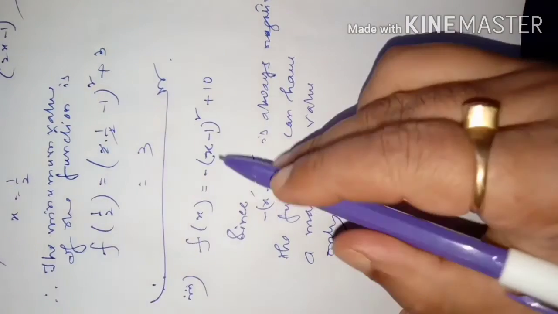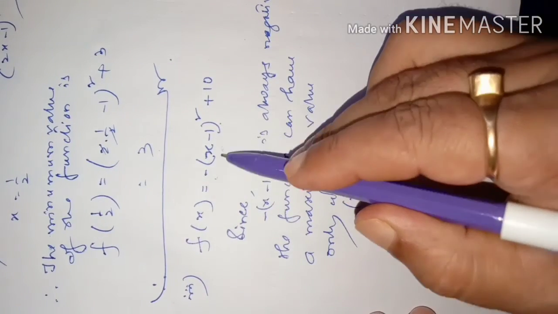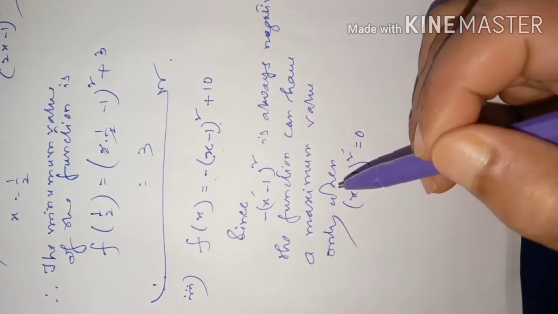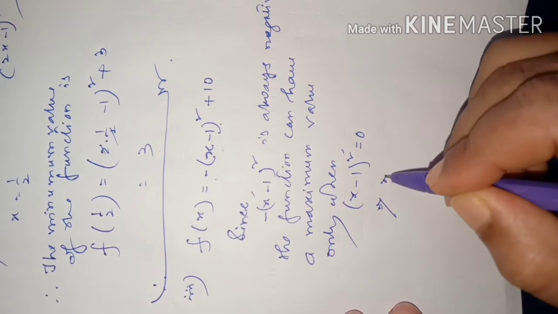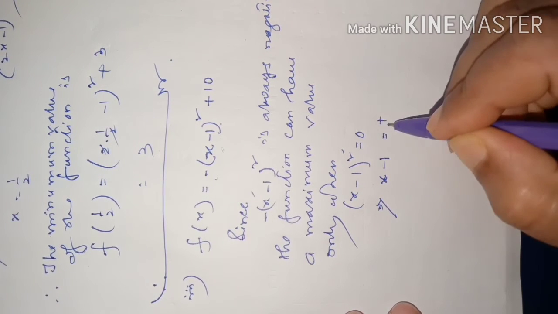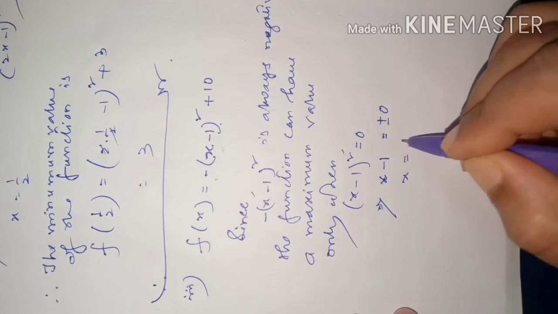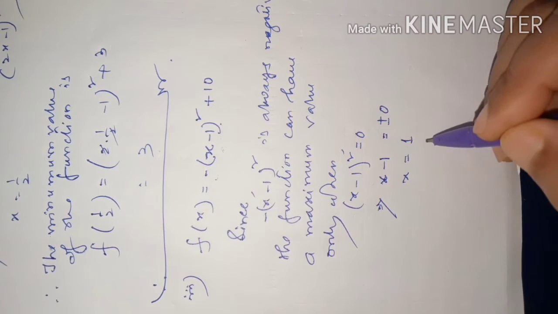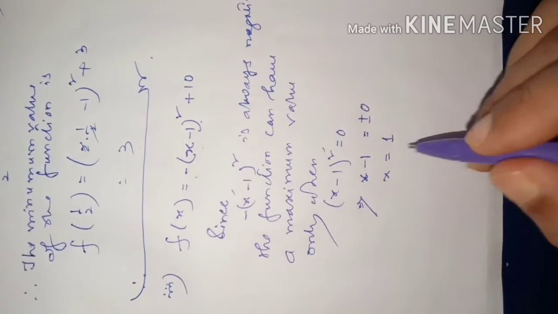Means if this part is 0, then this will be the maximum value for this whole thing. Otherwise all the values will come below 0 only. So x minus 1 equal to 0. That means x minus 1 is equal to plus minus 0. Then it will give us x equal to 1 only, because 1 plus minus 0 is just 1. So that means 1 is the only point of maximum value.